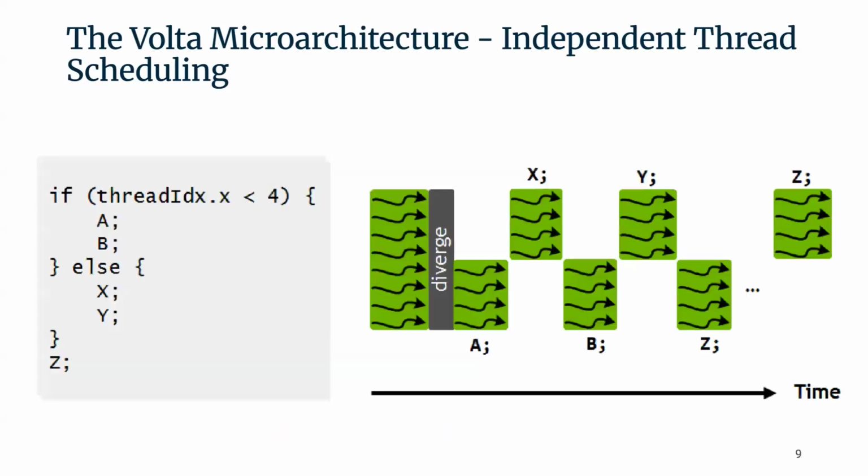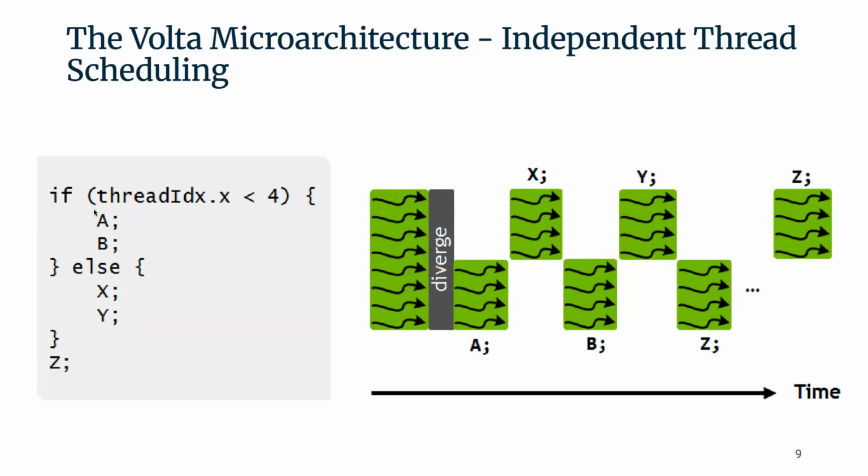But the difference here is we can swap between the different branches at instruction level granularity. So some of the threads will execute A and then switch to some of the other threads that will execute X. Before this, since everyone shared the PC, you could not do that, because the PC was at A, then B, then X, then Y. So you had to go through the entire program to reconverge all the threads.